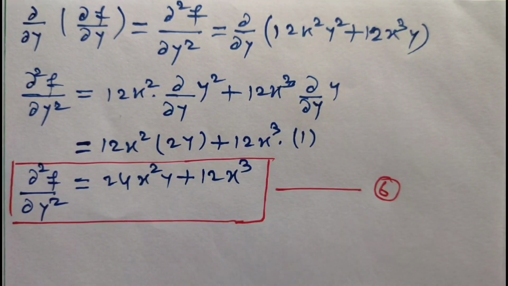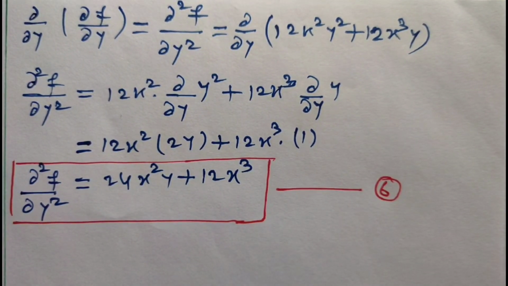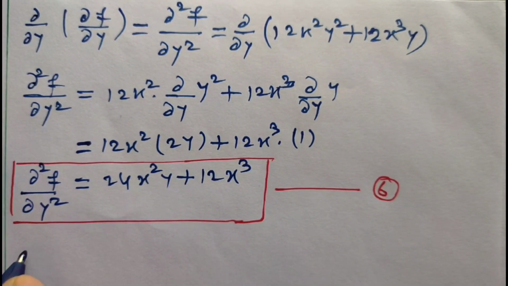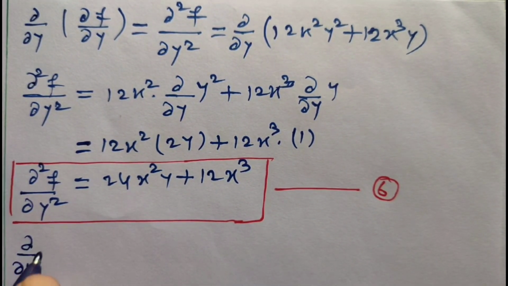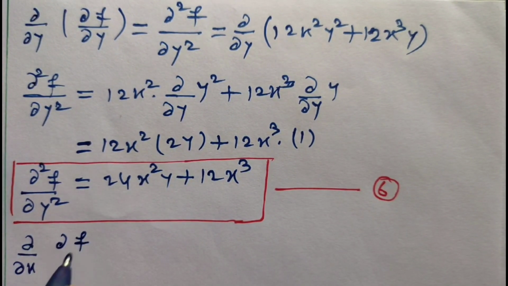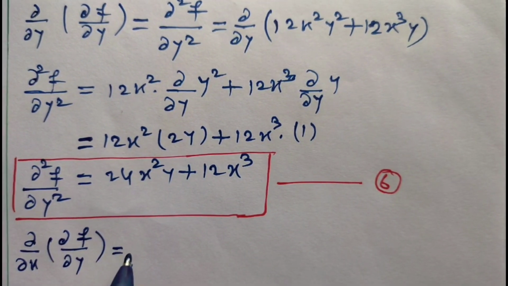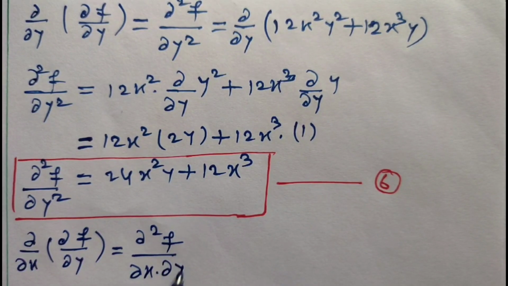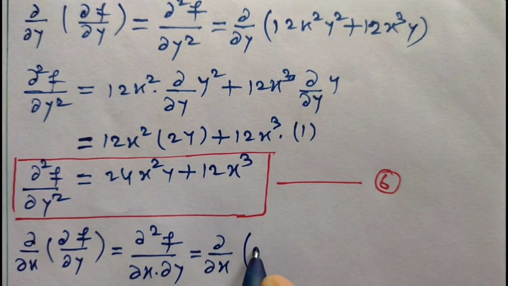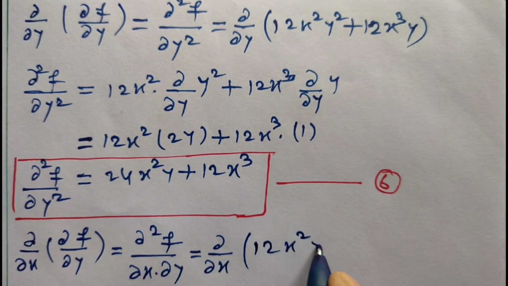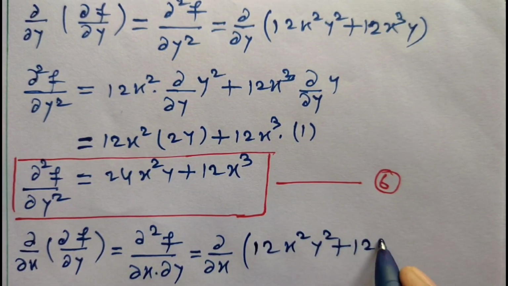Now we have to partially differentiate result number 5 on both sides with respect to x. So partial derivative with respect to x of ∂f/∂y is equal to ∂²f/∂x∂y. This is equal to partial derivative with respect to x of right hand side, 12 times x square y square plus 12 times x cube y.